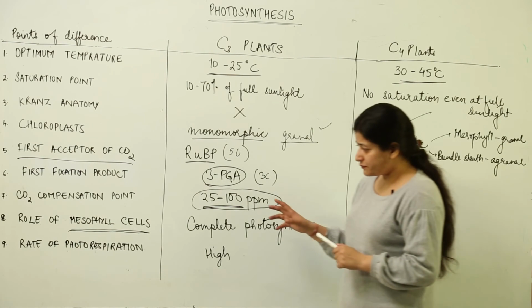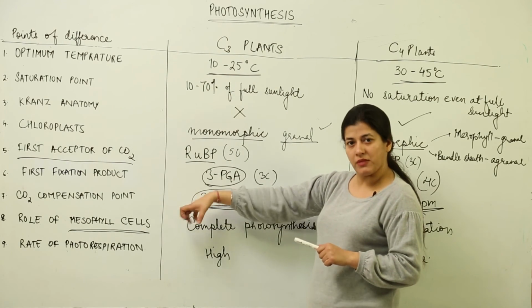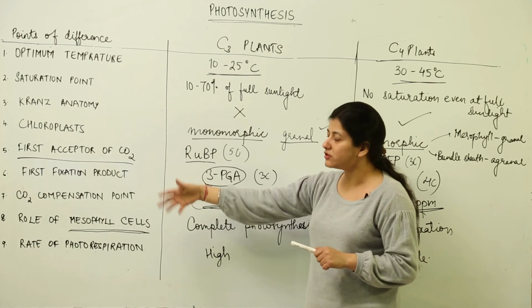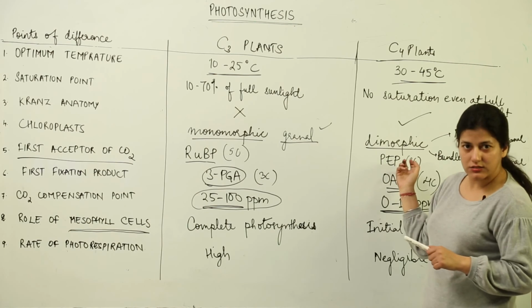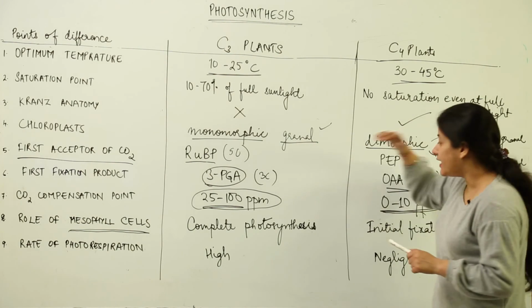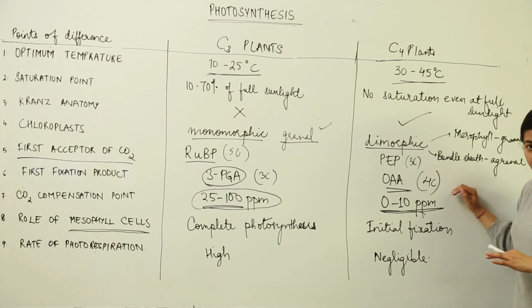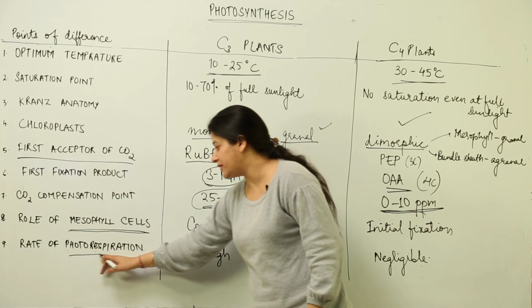And lastly, there is rate of photorespiration. From all these points you can make out another point, which would be the 9th, or you can say the 10th point, that what would be the rate of photosynthesis in these both, or you can say the rate of carbon fixation. Here it is lesser and here it is quite rapid, quite high. And talking about the last point, that is what is the rate of photorespiration over here.